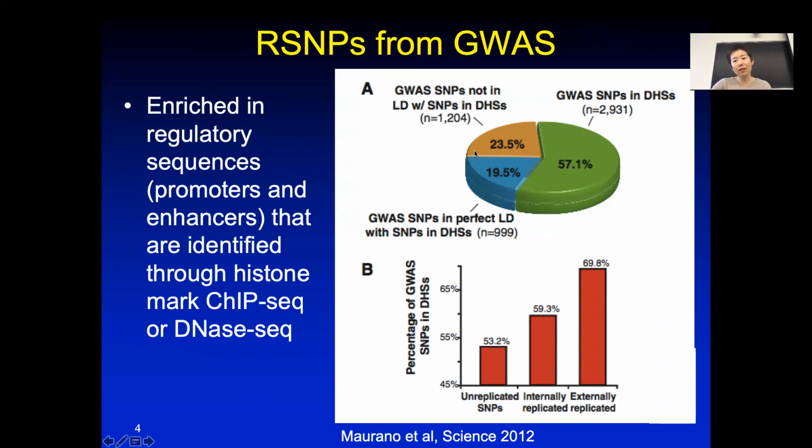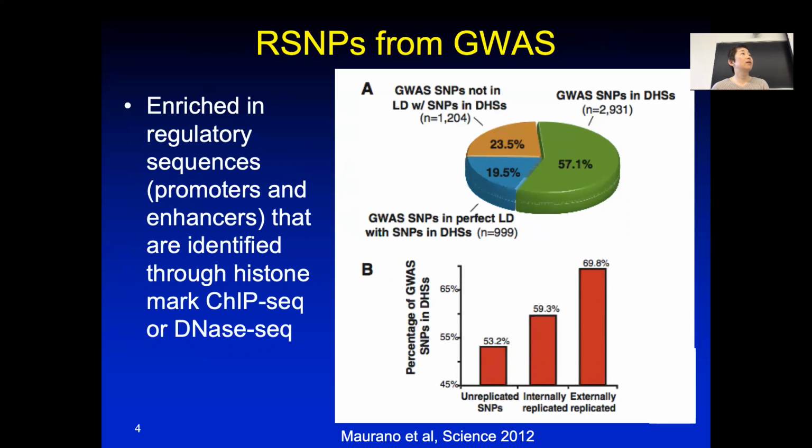Right? And then another 23% is the case where the GWAS SNP is not in LD with one, so those ones, I guess, maybe DNase hasn't profiled those cell types yet, right? It could still be a transcription factor binding site. And so those we don't know for sure, but it would mean probably 3/4 of those GWAS SNPs might be related to transcription regulation and transcription factor binding sites.